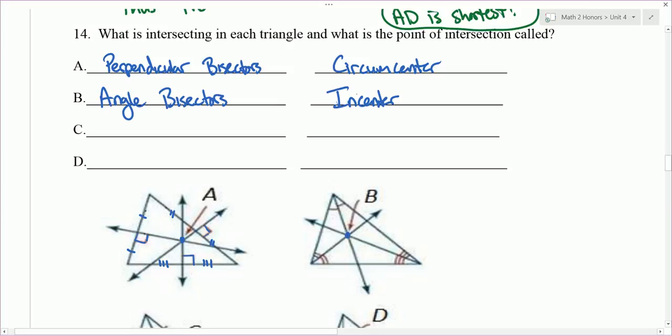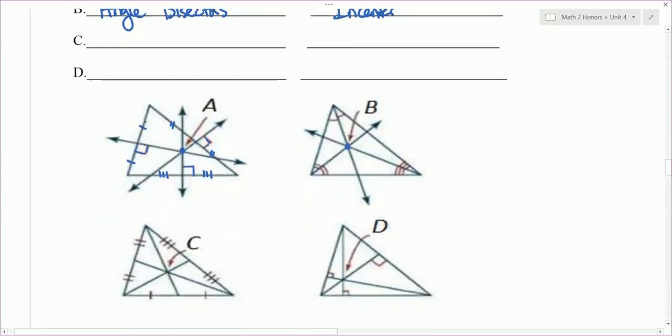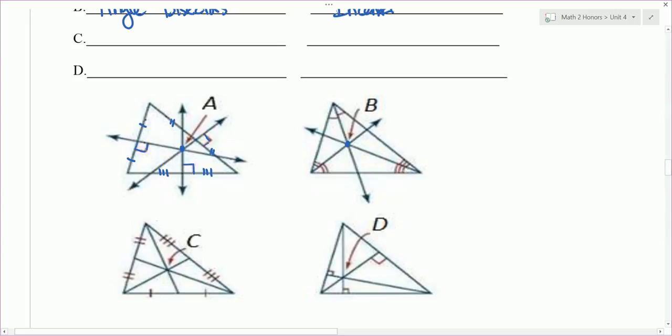All right, part C. What's going on here is each of these segments are segment bisectors, and we call them medians. So a median is something that goes from a vertex to a midpoint of the opposite side, and so in C, we have three medians, and they intersect at a point called the centroid.